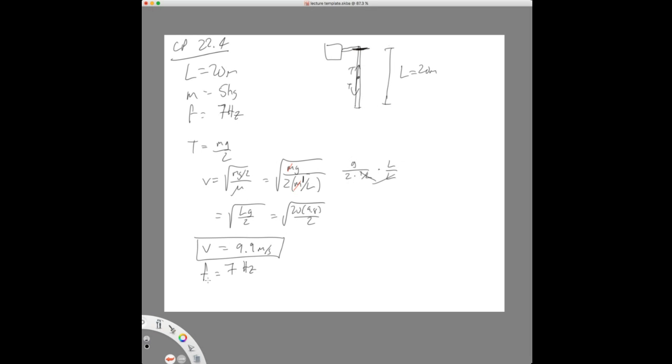Okay, so if we know the frequency and we know the velocity, we find the wavelength. Wavelength is just the velocity over the frequency. So that's 9.9 meters per second over 7 per second. Hertz is 1 over second, so those 1 over seconds cancel, leaving me with just meters.